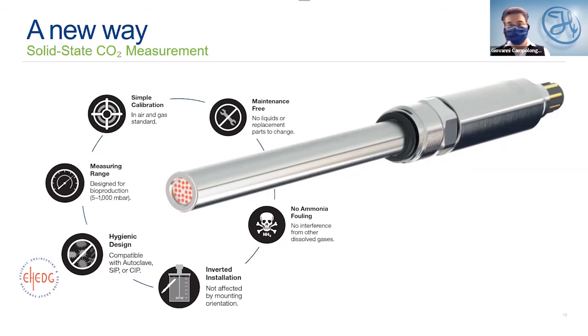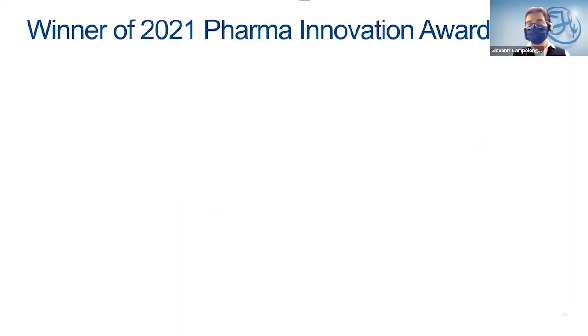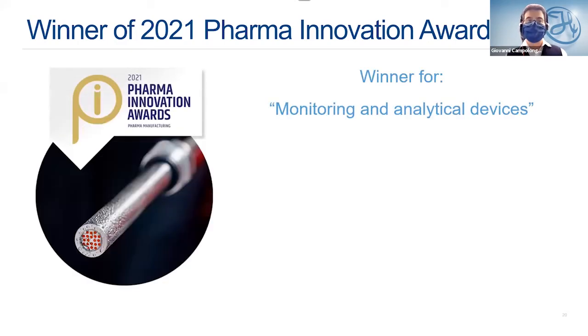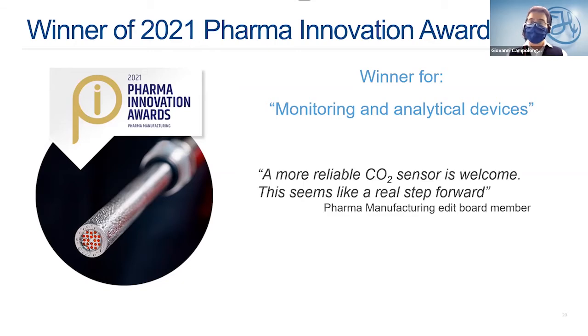And all these benefits enabled us to be awarded. That happened 1 month ago. The pharma manufacturing platform and magazine awarded us the 2021 Pharma Innovation Award in the category monitoring and analytical devices.